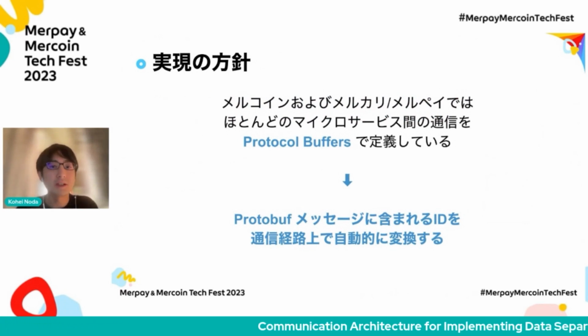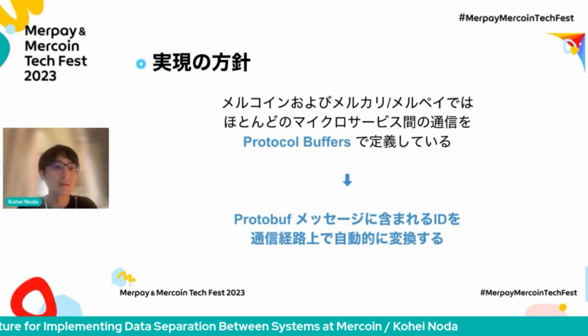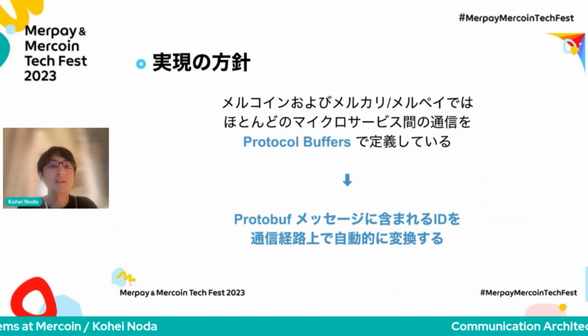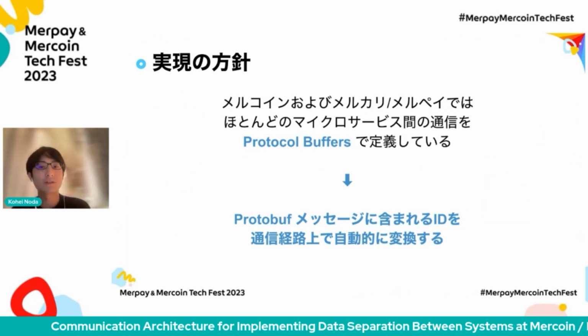Now, how we have realized this is that in the Mercari group, with some exceptions, microservice communication is defined with Protocol Buffers IDL, basically. So the request and the response are defined as protobuf messages.